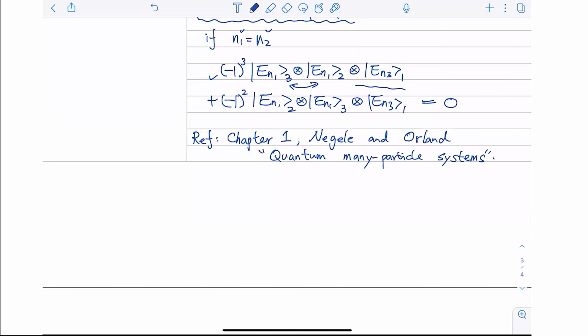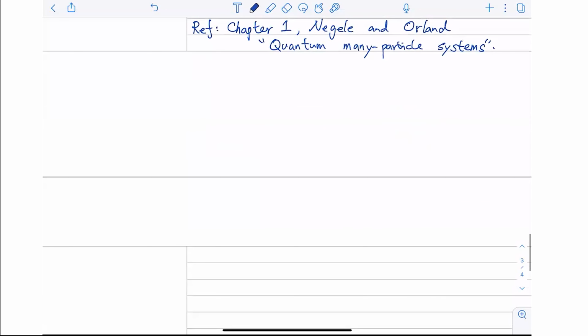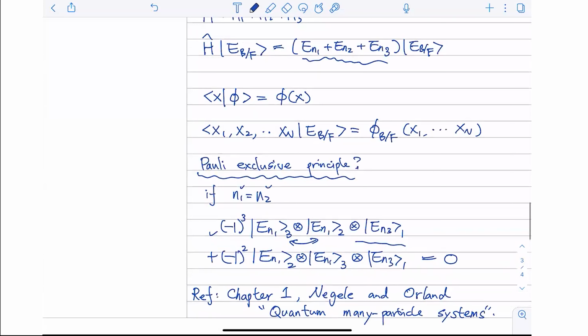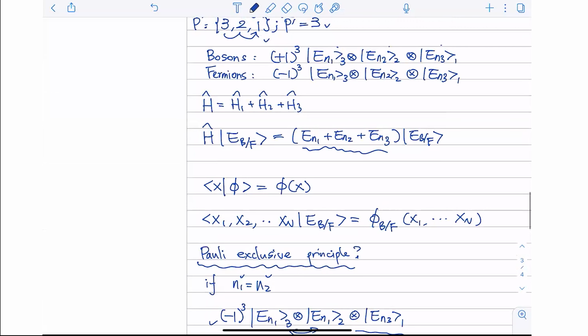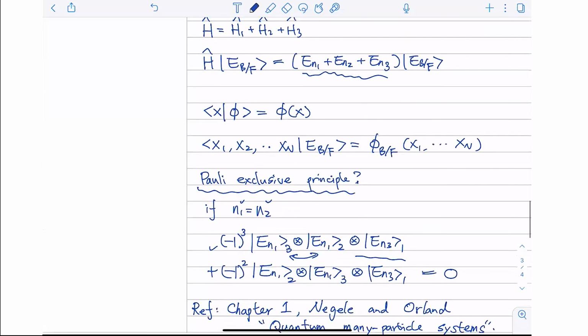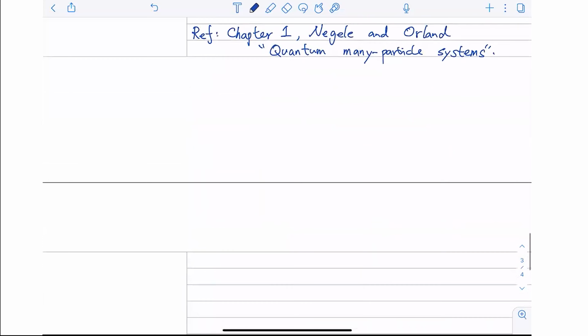Okay. So in this discussion, I'm just using the En to label the single particle states. Let me try to express what I meant using simple pictures.